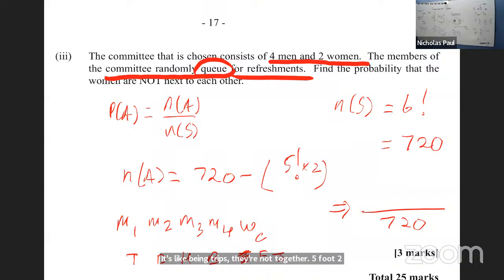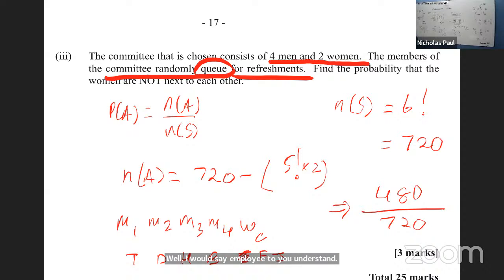Because there are 2 people that you can switch around. How much is that? 480. So I would say 480 on 720 is the answer.